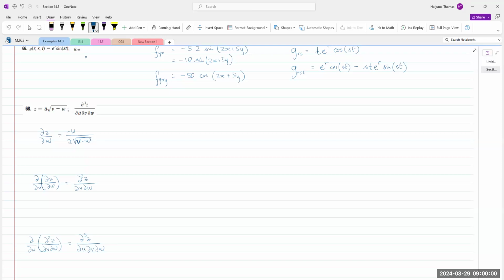Now when we do the derivative with respect to v here, notice that this is actually negative u over 2 times (v minus w) to the power of negative 1/2, right? So another partial with respect to v will result in positive u over 4 times (v minus w) to the power of negative 3/2, times the derivative of v minus w with respect to v, which is just 1.